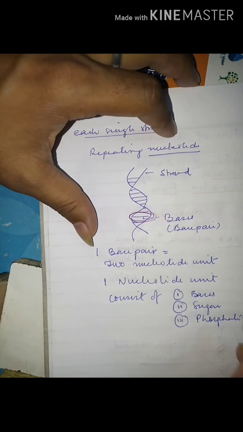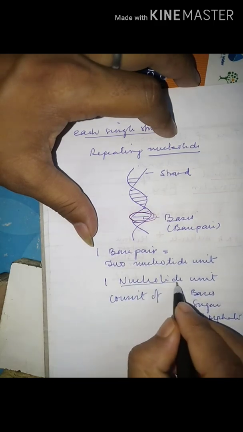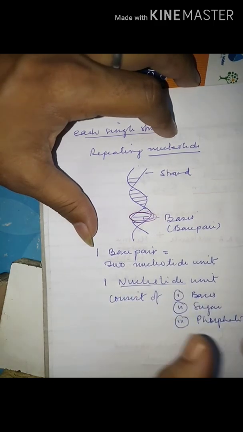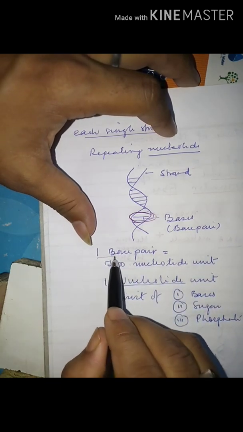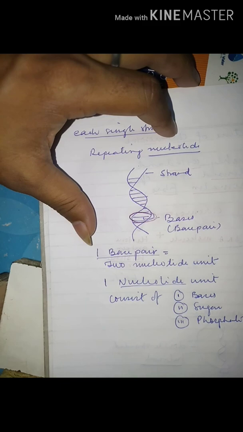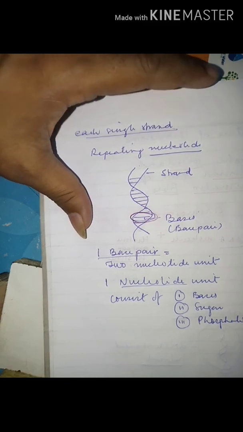So these are the components of a single nucleotide unit, and two nucleotide units constitute one single base pair. Getting all of you?